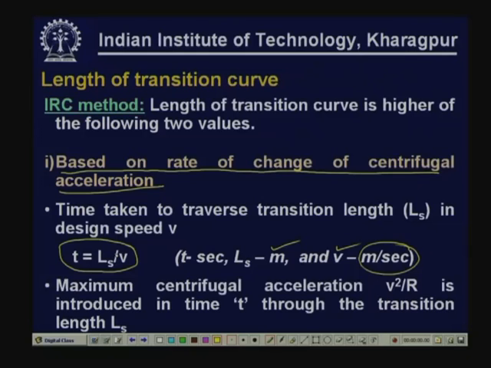Now, this maximum centrifugal acceleration, what is the value? It is nothing but V square by R, because centrifugal force is W by g times V square by R. Now, what is the maximum centrifugal acceleration? That is V square by R. This maximum centrifugal acceleration, corresponding to V square by R, is introduced over the transition curve length.